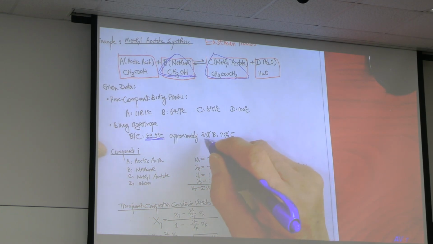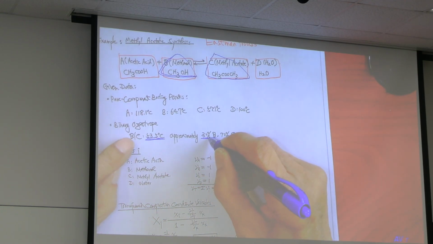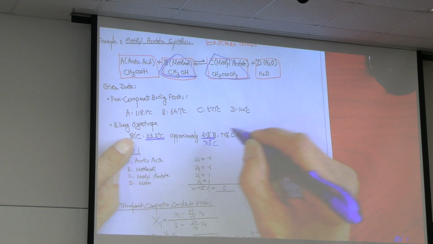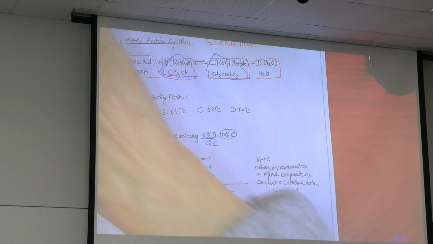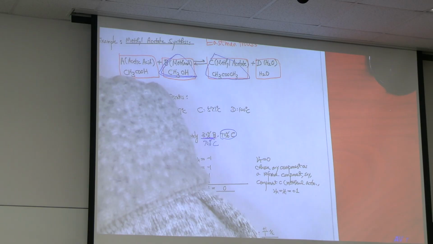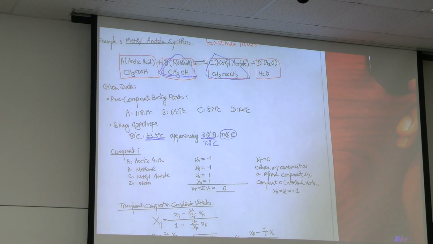Approximately 30% B, 70% C composition. So how do we draw the residue curve map and create a reactive distillation process? Get your patent. Lee Parton was very young, 25 years old.